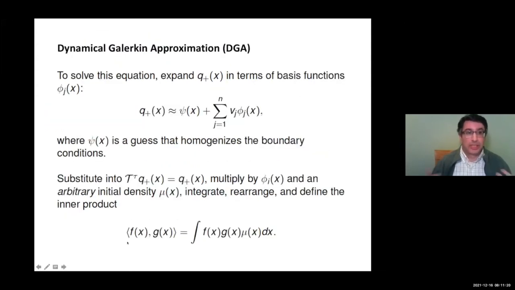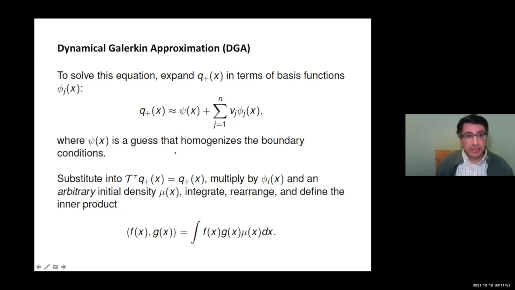Okay, so the way we're going to solve those equations is that we're going to expand each statistic in a linear combination of basis functions. We're going to have one that accounts for the boundary conditions, and then a sum over ones that solve the homogeneous problem. That way we can add and subtract these phi functions without going out of the space.